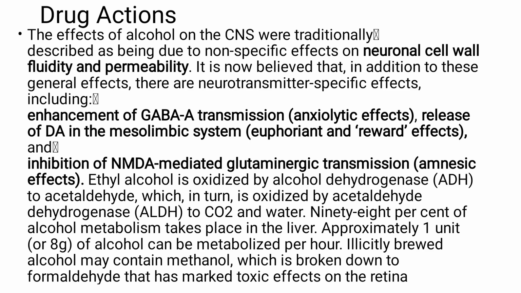Alcohol's neurotransmitter-specific effects include enhancement of GABA-A transmission, which causes its anxiolytic effects, release of dopamine in the mesolimbic system, which causes its euphoriant and reward effects, and inhibition of NMDA-mediated glutaminergic transmission, which causes its amnesic effects. About 90% of alcohol metabolism takes place in the liver.